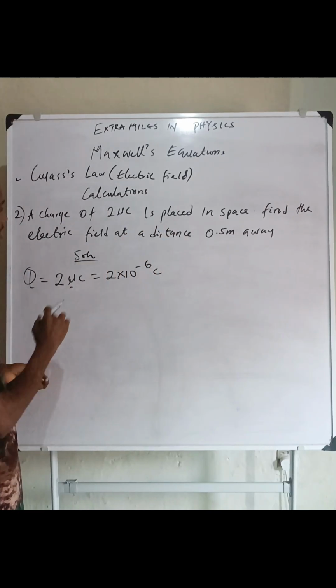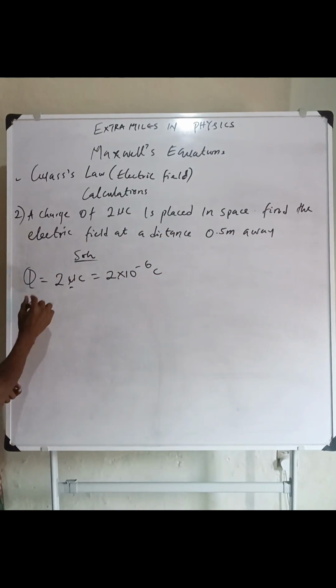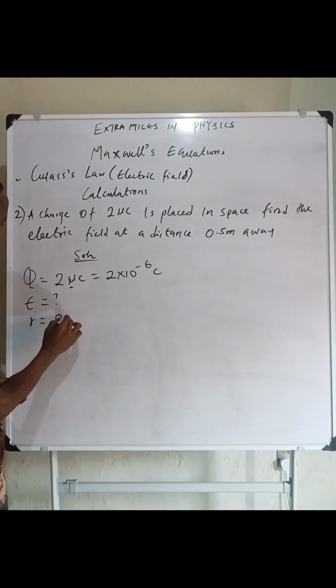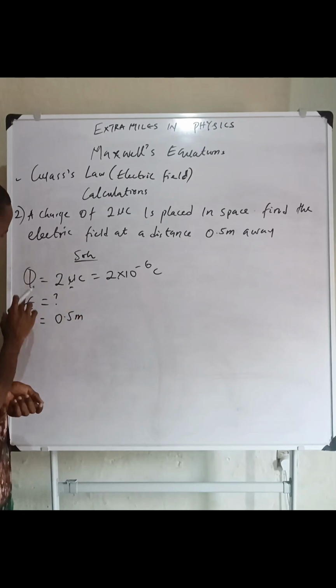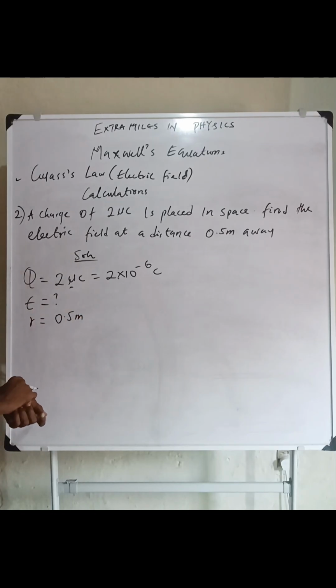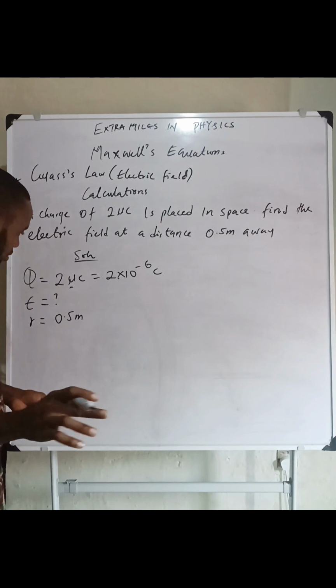Alright, it's placed in space. Find the electric field. So we are looking for E, at a distance that is R, 0.5 meter. So having these three things, automatically we should know the formula. That is electric field at a point.